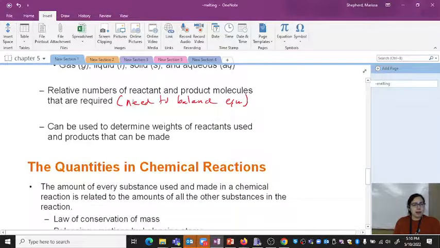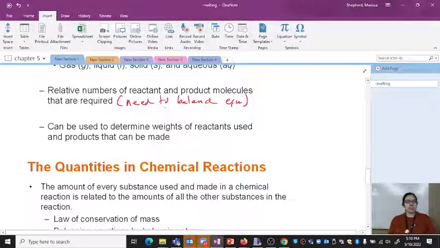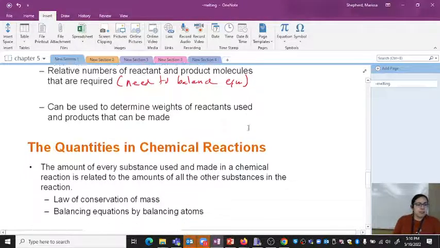Once we have a balanced equation, we can use it to determine the weights of our reactants and products that can be made. This is what I would say is 95% of what chemists do, especially benchtop chemists, all day, every day. You're setting up reactions, weighing stuff out, figuring out how much product you should get, and then running the reaction. So it's a super important skill.